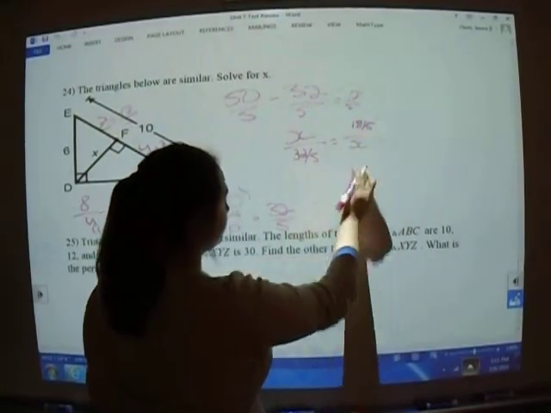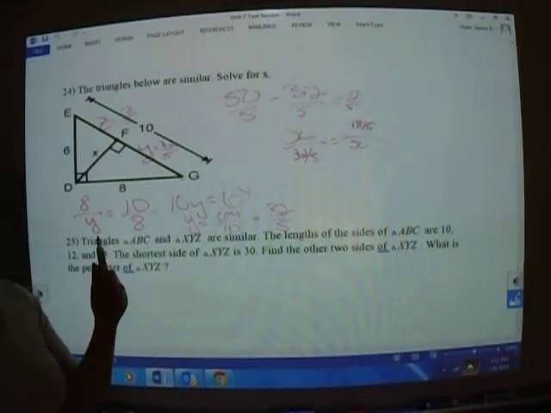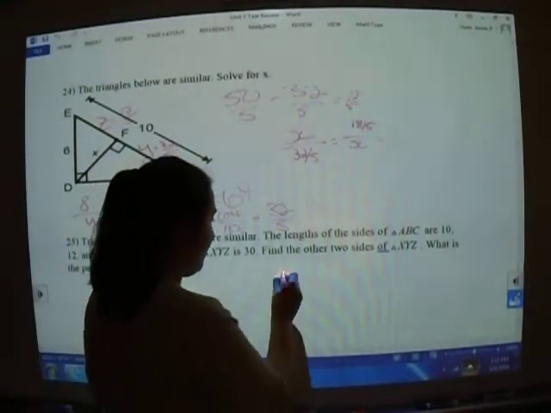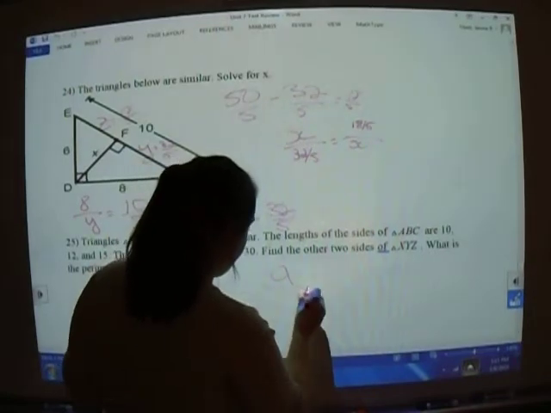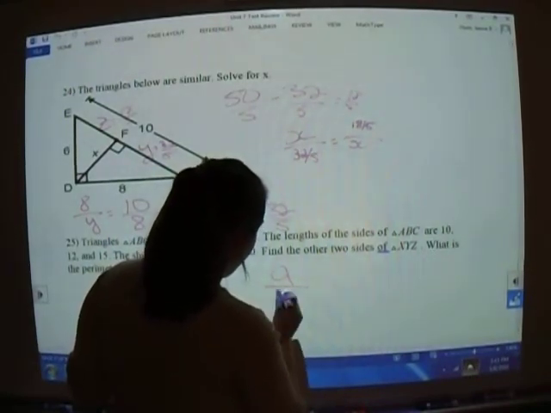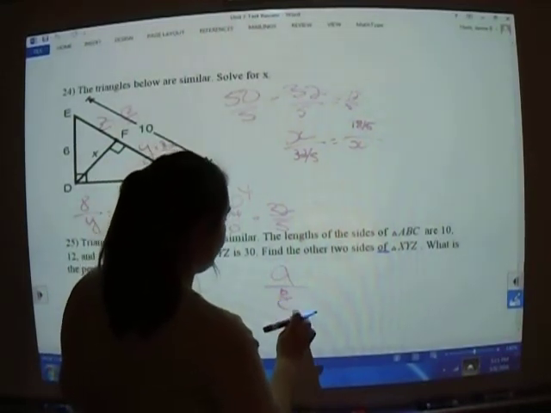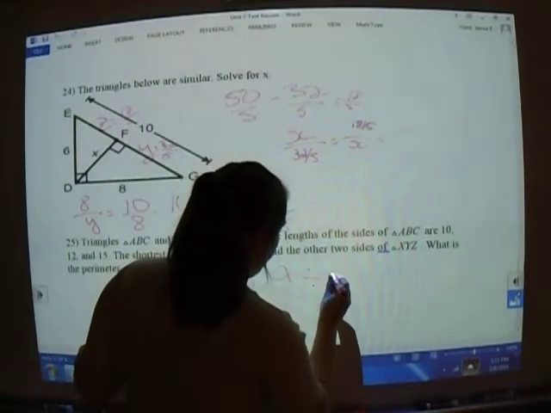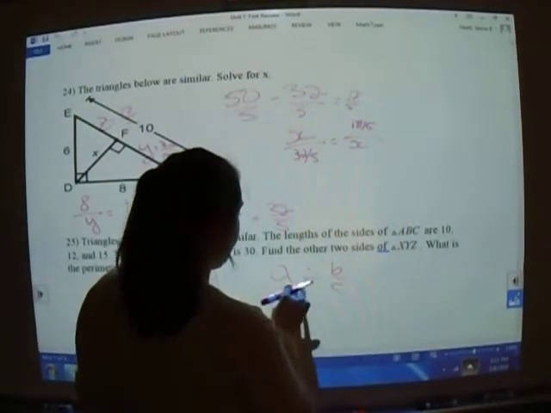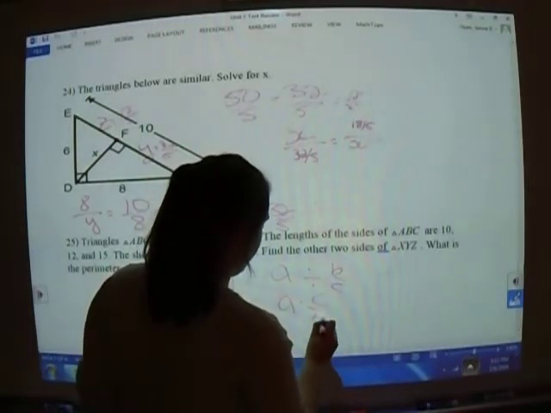over x. Now, a great way to do this, remember, when you're dividing fractions, this is not part of this problem, but a divided by b over c. We keep, switch, flip. So a divided by b over c, keep, switch, flip. So we end up with a times c over b.